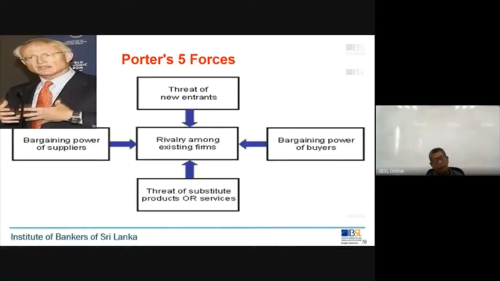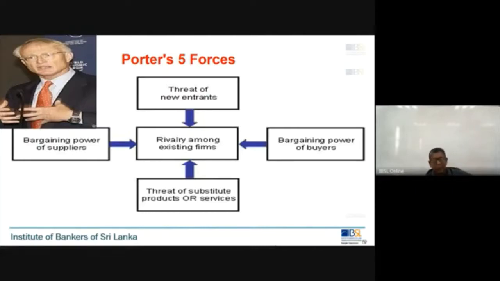What are the five forces he has identified? Your own competitor. Now take for example a bank, say Sampath Bank, or one bank in Sri Lanka as a common example. What are the main forces faced by a bank? Rivalry among existing firms.